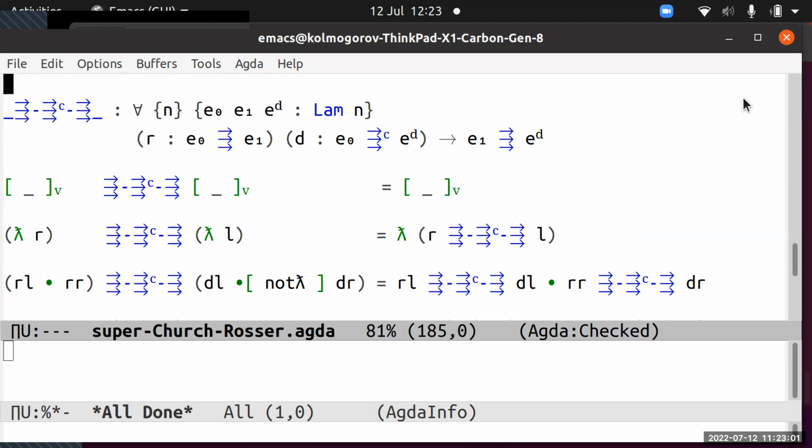Then if I have an application that is the application of two proofs, and I have a development proof in the application case, so I know that I don't have a lambda, then I just put the proofs obtained by induction hypothesis together with application. That's one case done.